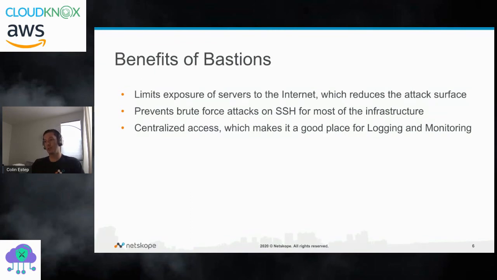And they should have good monitoring around them. And that's one of the things I like about this is that you have some centralized access where you can set up really verbose logging and monitoring, and it's useful. It's not going to just flood the SOC with random events. There are probably events that you want to respond to if they're happening on your Bastion, if there's something weird.